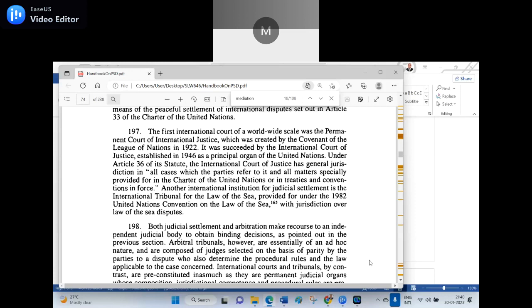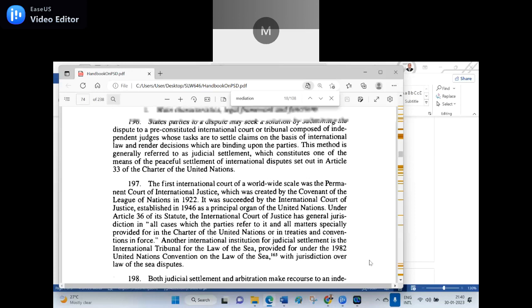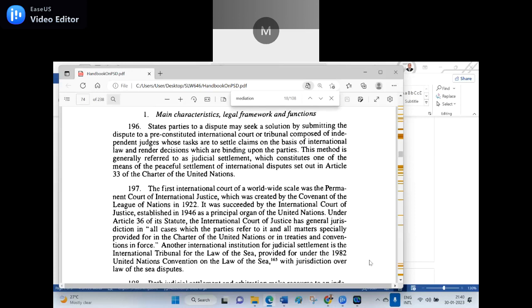Article 33 says decisions will be given by the judicial bodies or organs, meaning courts. That is Article 33. The method is generally referred to as judicial settlement, which constitutes one of the means of peaceful settlement of international disputes set out in Article 33 of the Charter of the United Nations.